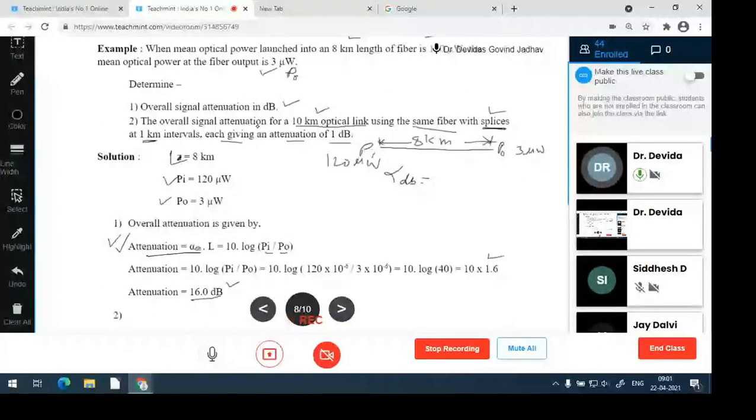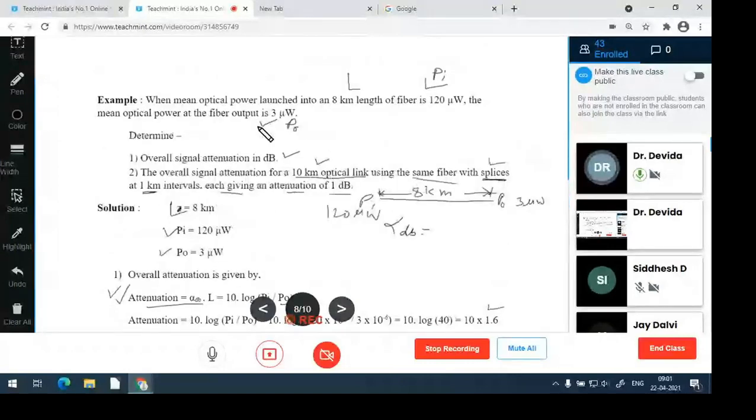Attenuation is 16 dB, L is 8 kilometers. So what is alpha dB? For 8 kilometers it is 16 attenuation, so for 1 kilometer how much is it? 16 divided by 8. Attenuation divided by L is alpha dB. So this is 2 dB. Alpha dB we have calculated as 2 dB.